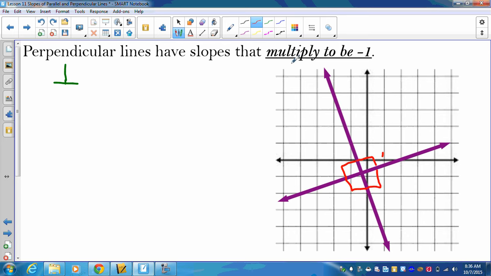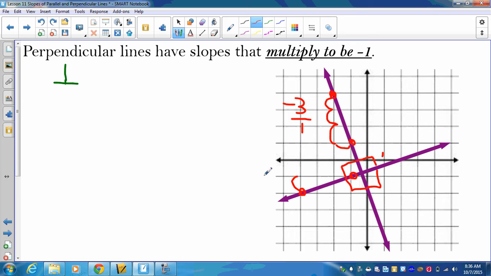Okay, so let's check their slopes. For this line, I'm going down 3, so -3. I'm going to the right 1, so its slope is -3 over 1. For this line, I'll pick this point and this point.